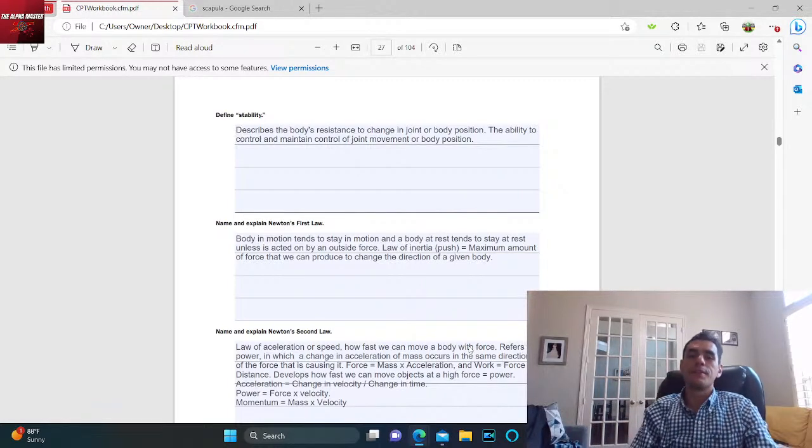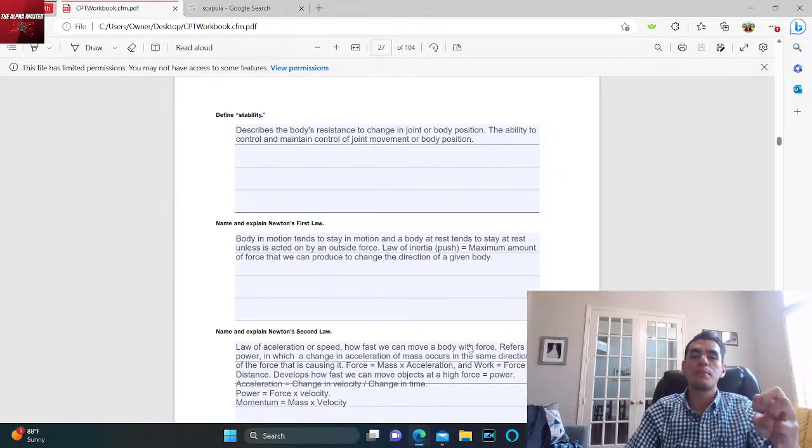So stability describes the body's resistance to change in joint or body position, the ability to control and maintain control of joint movement or body position. That's why it's stable.